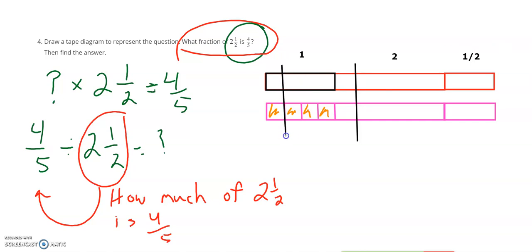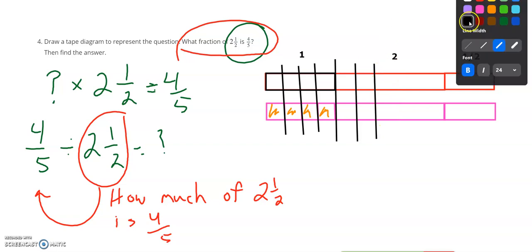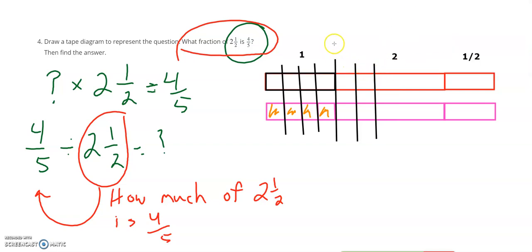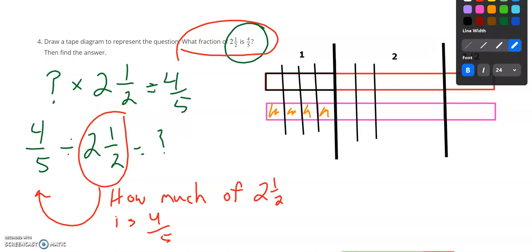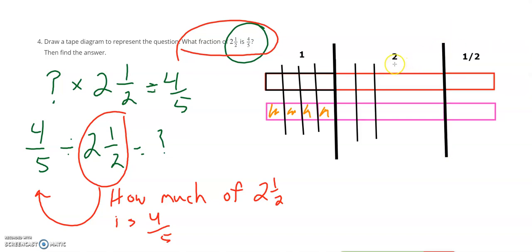So we got 1. These should be straight lines. They're not very straight. But these are our fifths. Let's remember what our whole numbers are. 1, 2, 3, 4, 5.